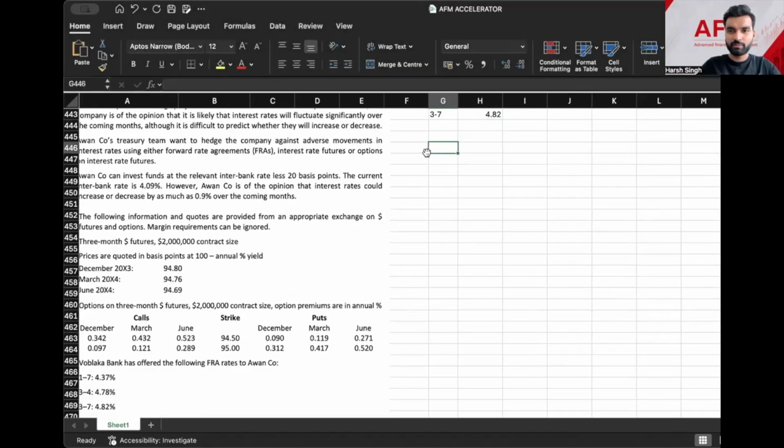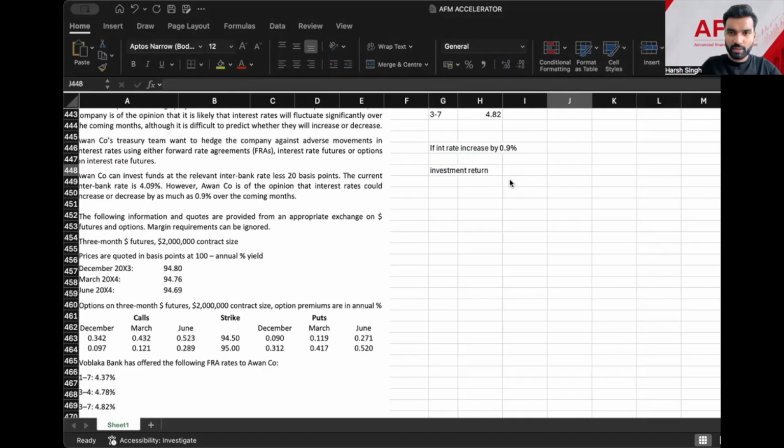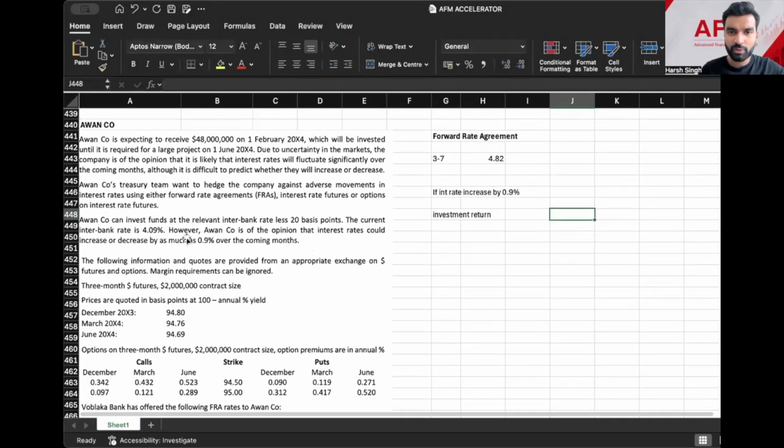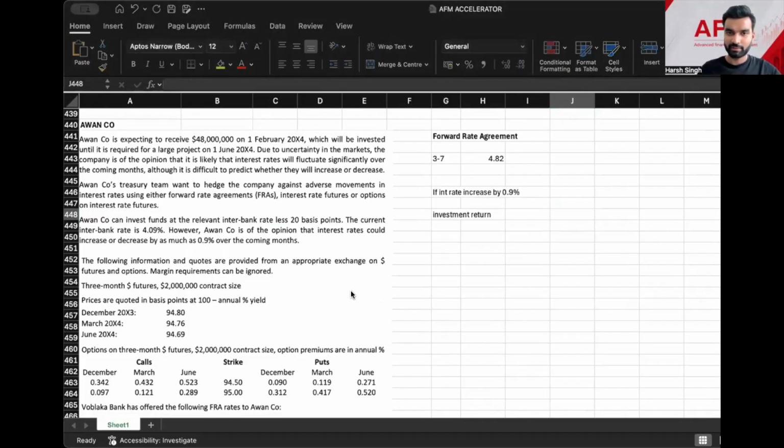So now what I'll write down: if interest rate increases by 0.9%, what will happen? To find out the investment return, first of all, we have to find out that we are able to invest at 4.09. However, it can increase or decrease by as much as 0.9.